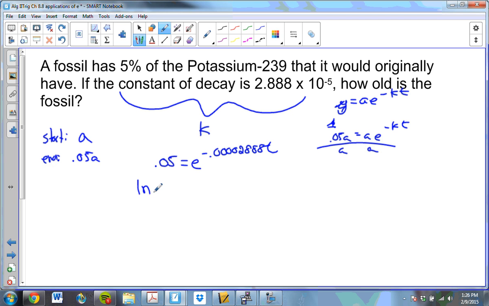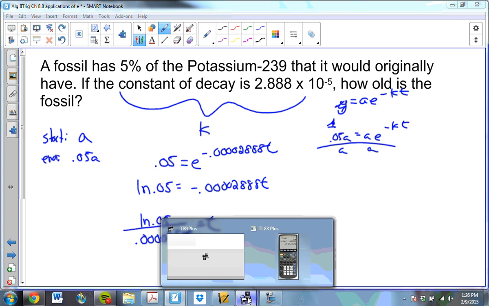I get that the natural log of 0.05 is equal to negative 0.00002888t. I just skipped taking the ln of both sides. So I divide both sides by this number, and I get the natural log of 0.05 divided by this enormous number that I'm getting sick of writing.